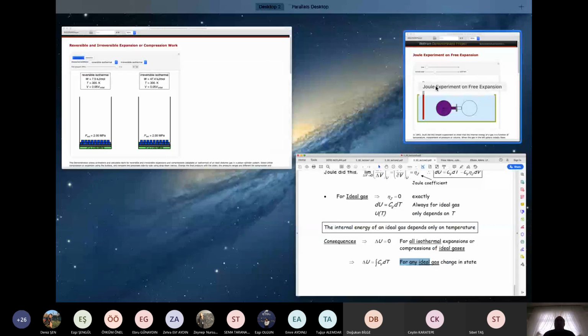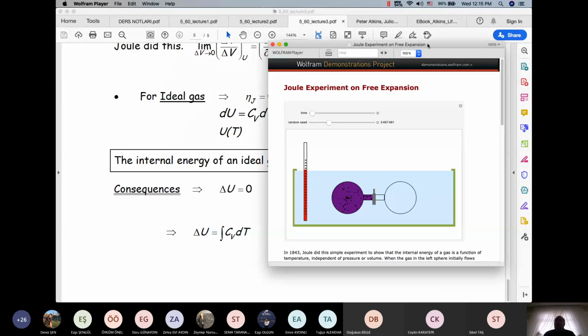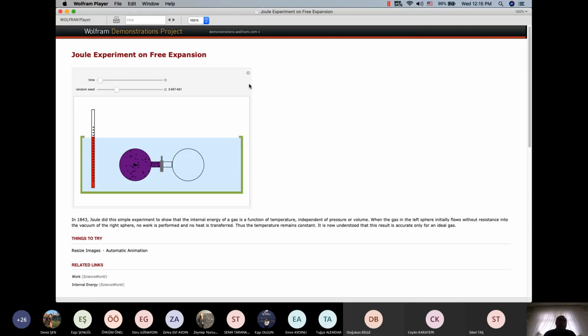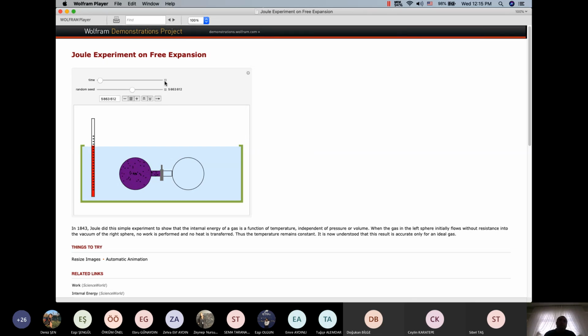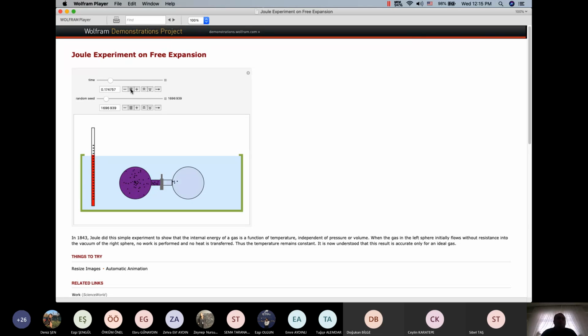So let's look at the simulation of Joule's experiment. So he did this. He tried to measure the change in temperature by removing the holding over here and expanding the gas from this side to the other side.